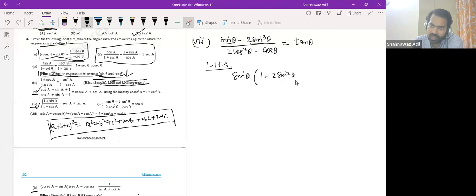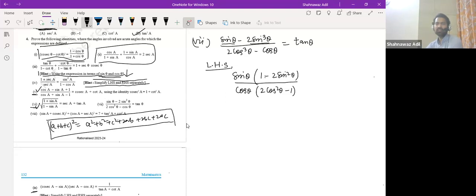Good. And then in the denominator, what can we do? We can take common here also. So cos theta is common, right? So this is 2 cos squared theta minus 1. Now look at the RHS.